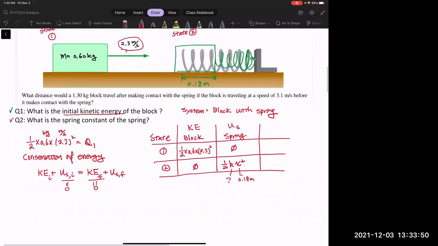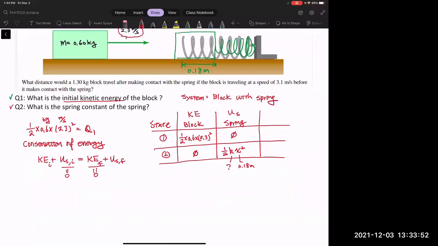So what we have from here is that initial kinetic energy equals your final spring energy, where this is the initial kinetic and this is the final spring. Then you can write 1/2 times 0.6 times 2.3 squared has to be equal to 1/2 k times 0.18 squared. That has to be equal.